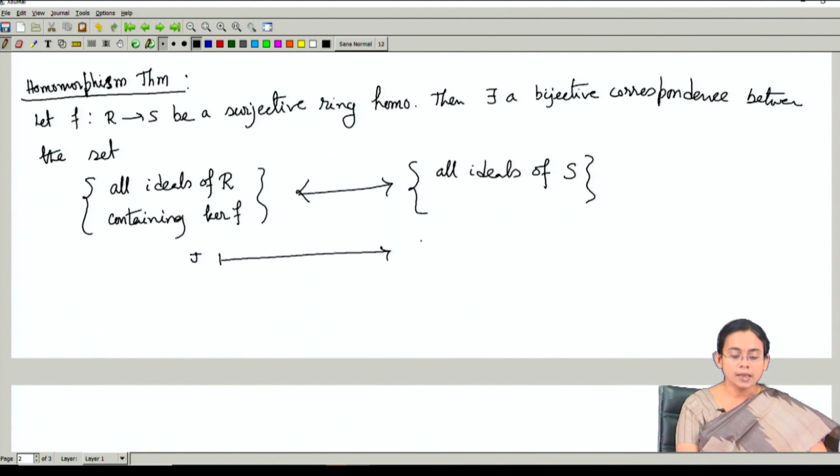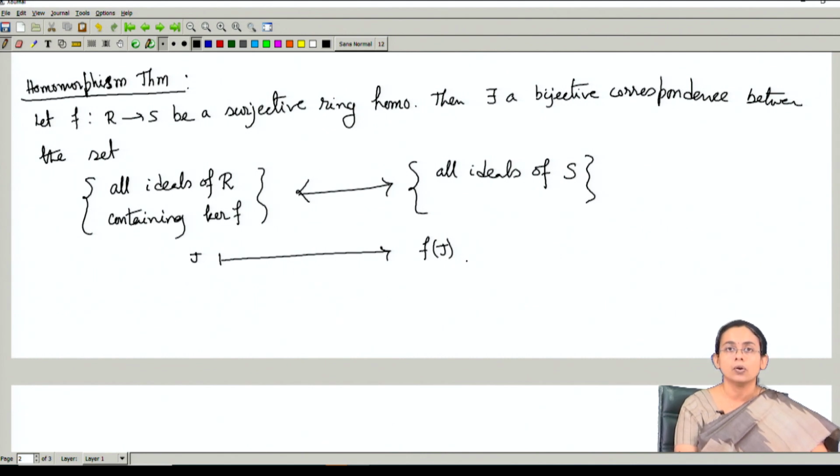The way I can go from R to S is via this map F, the given ring homomorphism. So, if you give me the ideal J, the only way I can land in S is by applying the map F on J. So, I consider F of J.